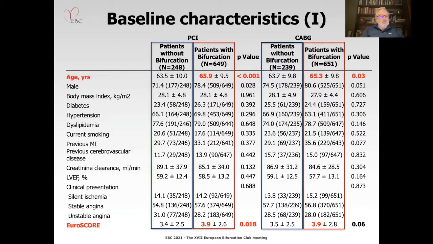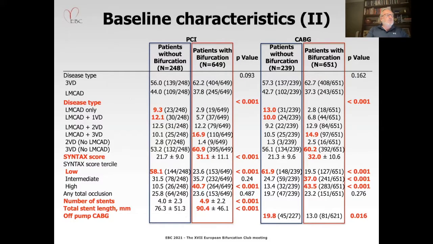Of course, the baseline characteristics are different. Patients with bifurcation are 2.5 years older than without bifurcation, and their EuroSCORE is higher, 3.9 versus 3.4.